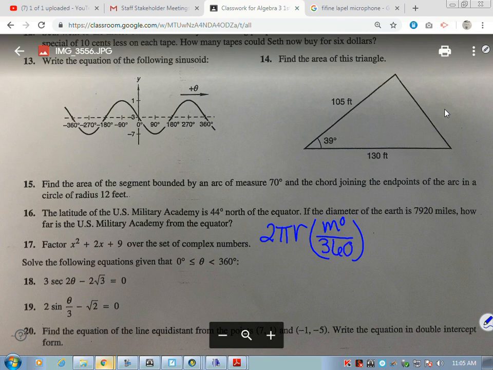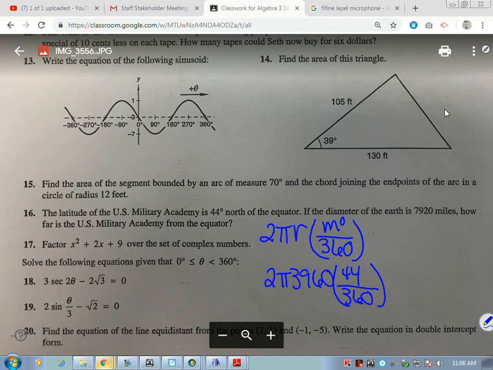Okay, so we got 2 pi. The radius that we want, we're going to end up taking 7,920 divided by 2. What is that? 3,960. Okay, and we want 44.